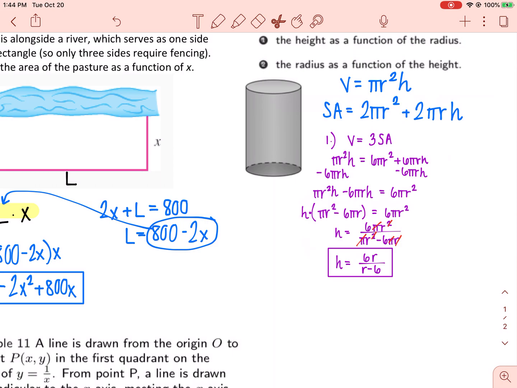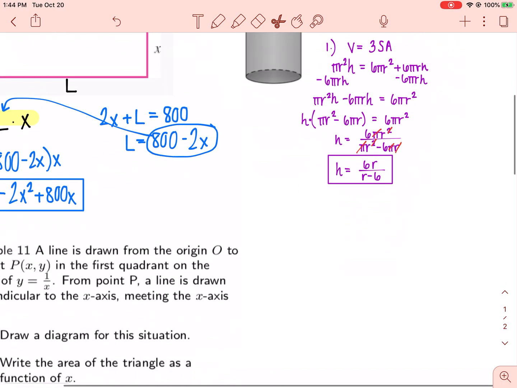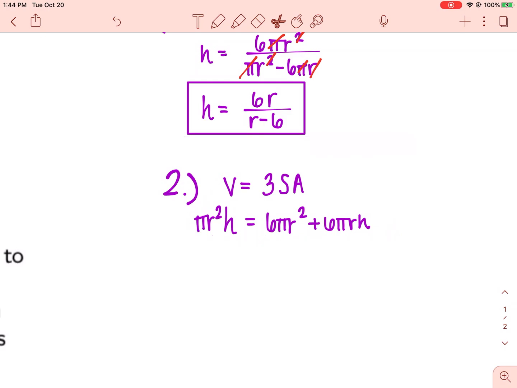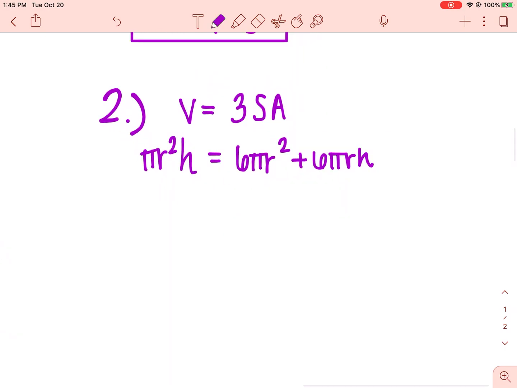Part 2 now wants us to do the same thing, but now have radius equal my height. So I'm going to take this beginning part, because it's going to be the exact same. But now I'm just solving for a different variable. Okay, I want to get r by itself. So that means I'm going to put all my r terms together.